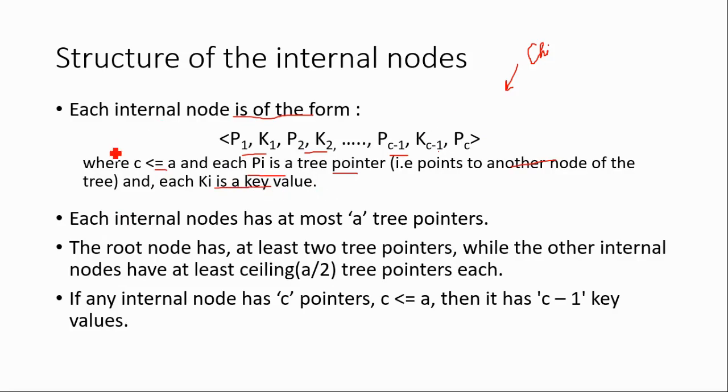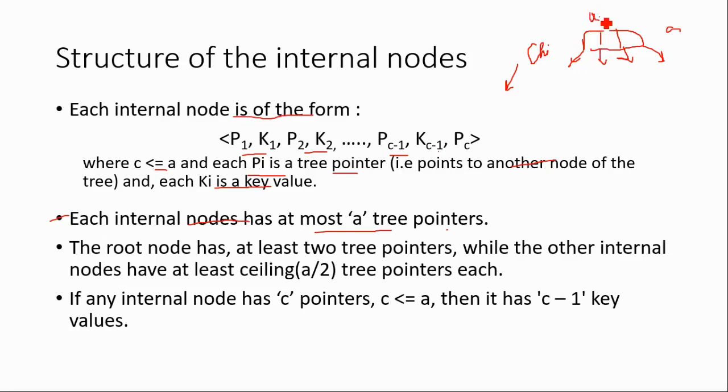The next point is also the same. Each internal node has at most A tree pointers. This is similar to what we have learned in B trees, that if there is a tree of order A, then the maximum number of child links for a node will be A, and the maximum number of elements stored is A minus 1.